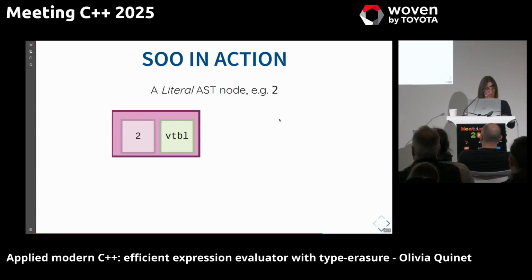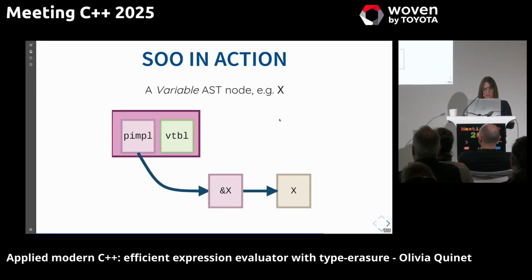Everything is done at compile time. Same for a variable. The pimple will point to some memory containing an address of X inside the context. And after, we have the pointer inside the pimple pointing directly to X.